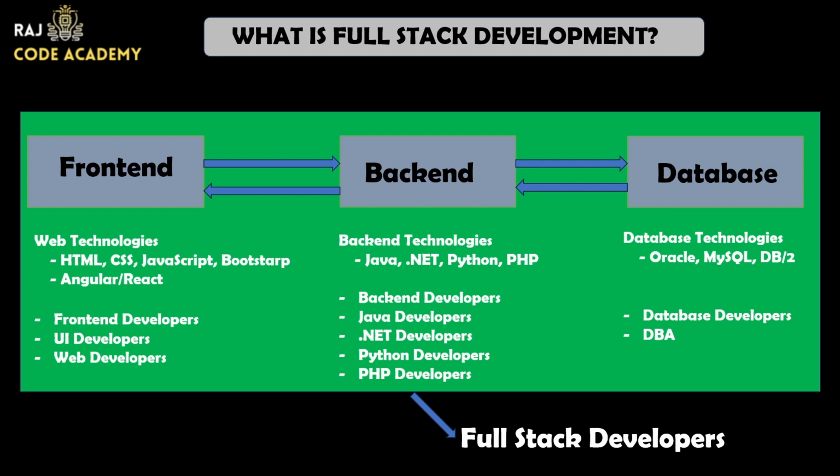In this course, as we are related to Java programming, we are going to learn more on Java related technologies. We'll be covering in this full stack Java course, core Java. Then we go with web technologies like HTML, CSS, JavaScript, Bootstrap, TypeScript, Angular, and React.